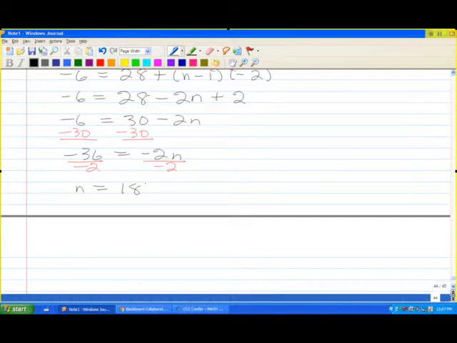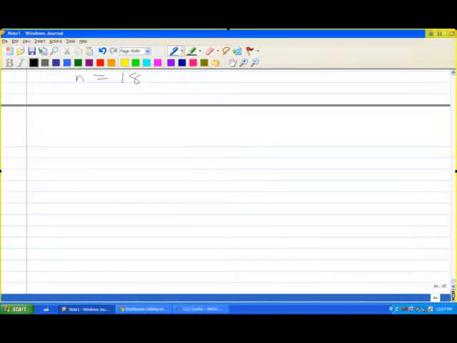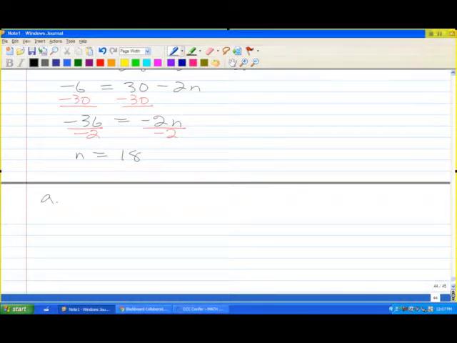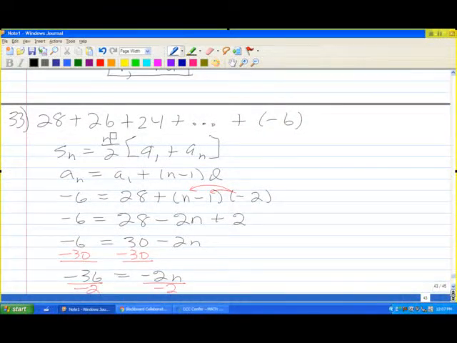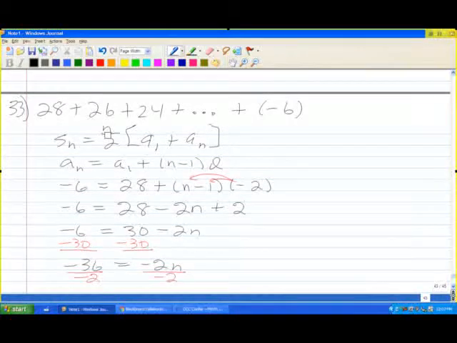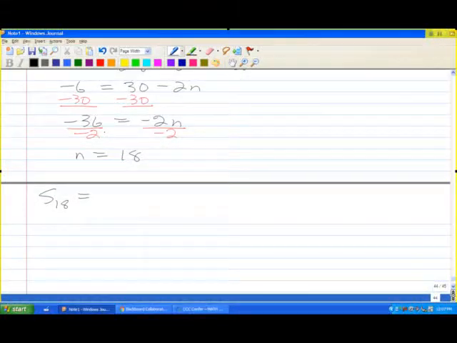Okay, so good. I now know what n is. So I can figure out the sum of this arithmetic series. And so n is 18. I can plug that into this formula. So the first term was 28.